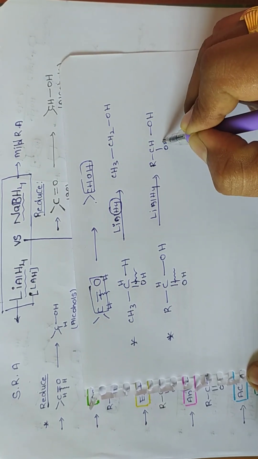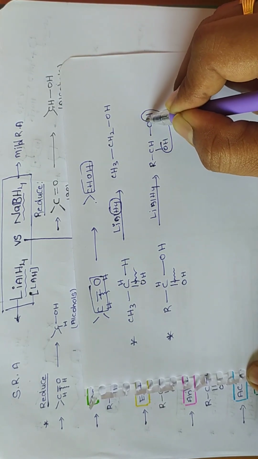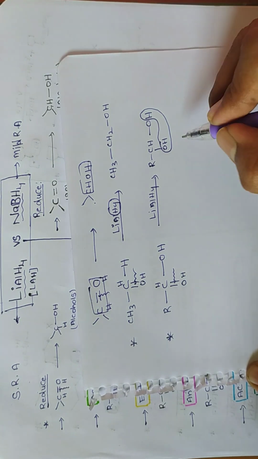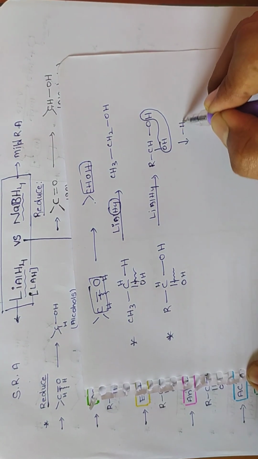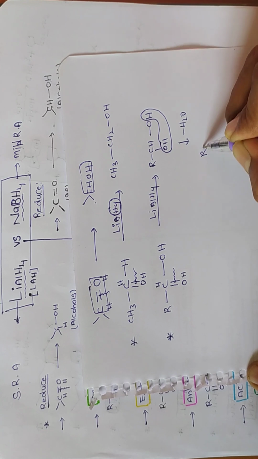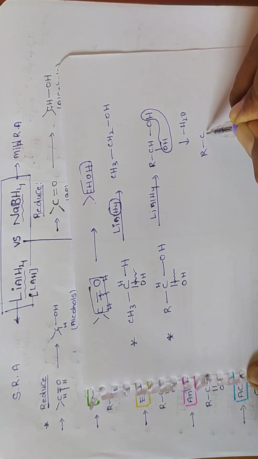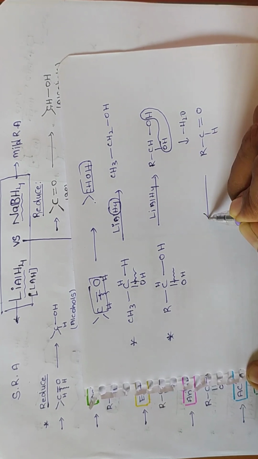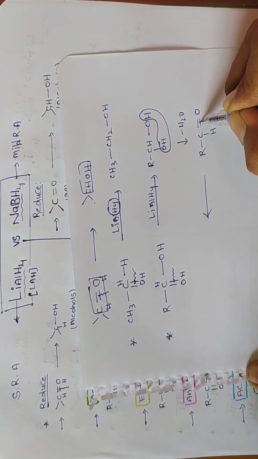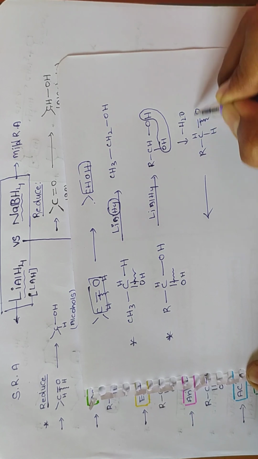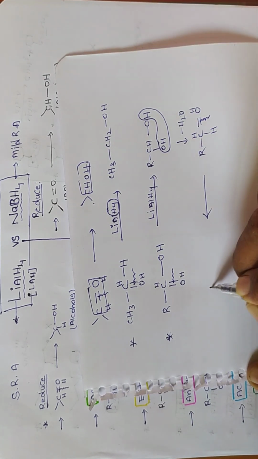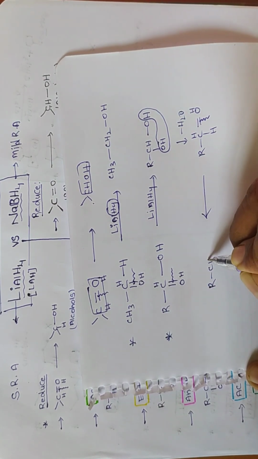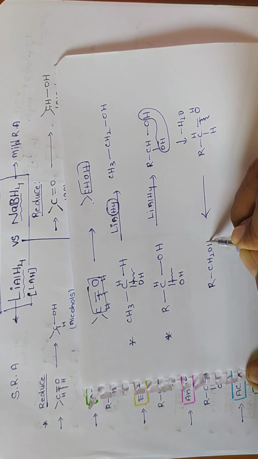Two OH groups are present on the same carbon. Gem diols are always unstable. Then there is elimination of water, and we get R, CH double bond O. Again these aldehydes further undergo reduction. Then we are going to get alcohols, R, CH2OH.